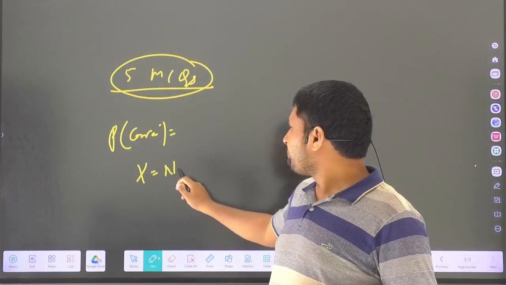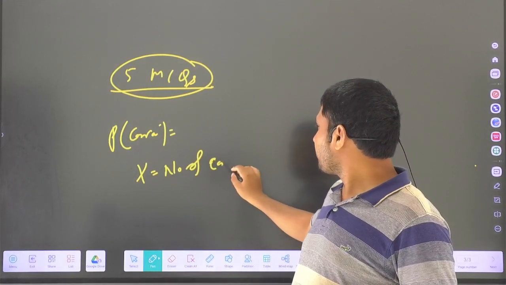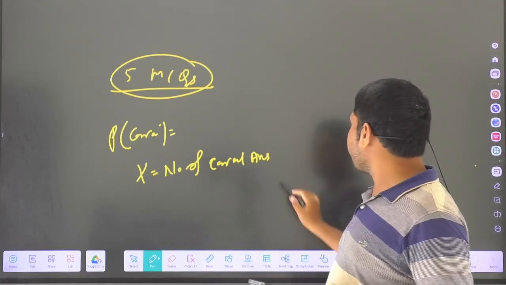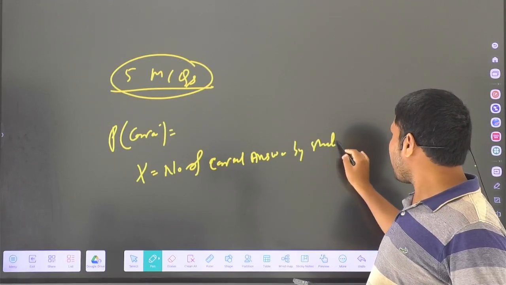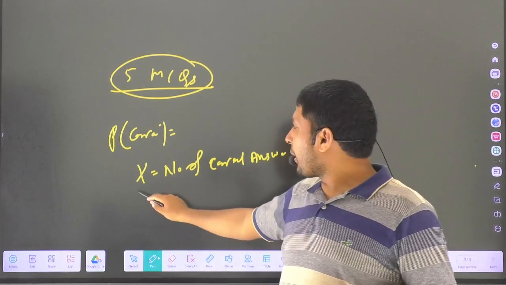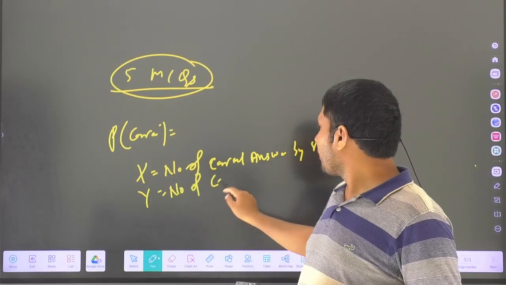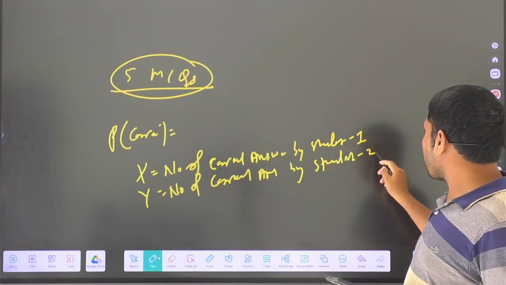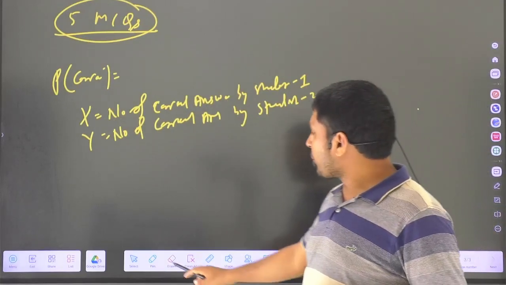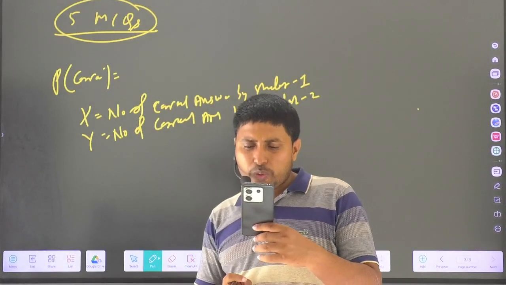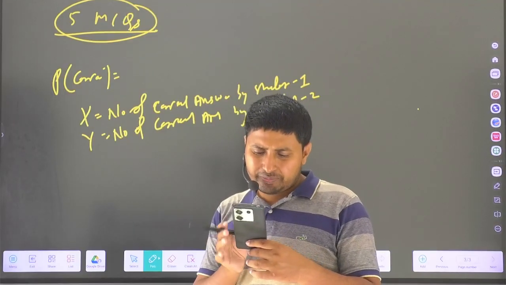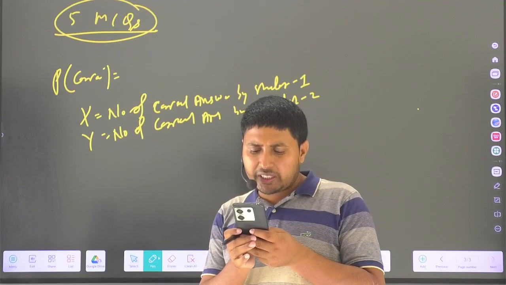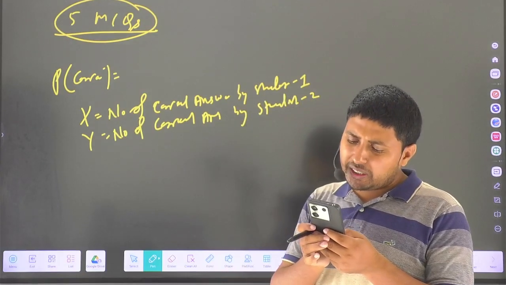So let's say x is a random variable, the number of correct answers by student 1, and y is a random variable, the number of correct answers by student 2. There are 5 questions in all, and 2 students who do not know the correct answer guess and select 2 options randomly.